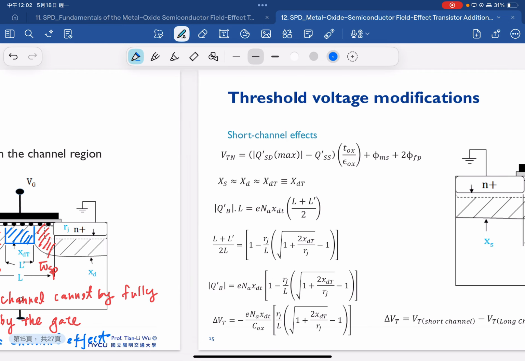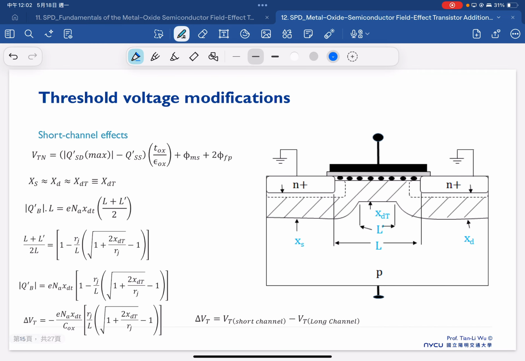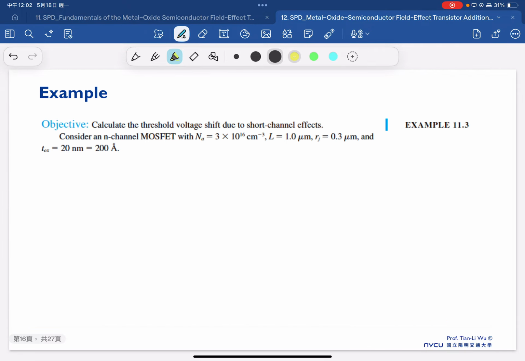This slide just shows some analytical calculation to calculate the difference between the short channel and long channel. We won't go into the detail, we just show that the calculation shown here can estimate the threshold voltage difference between the short channel and long channel device. Also, this is one example.